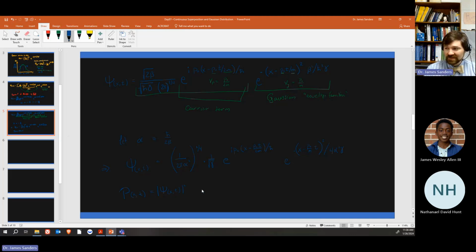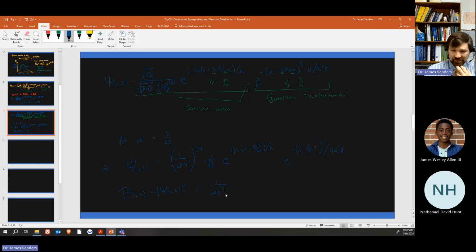When you square this thing, you're multiplying by the complex conjugate, which makes the thing real, or in other words, makes this part go to 1. And so what's left over is essentially 1 over alpha.